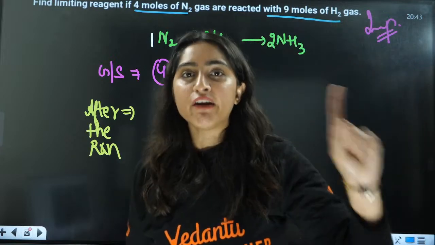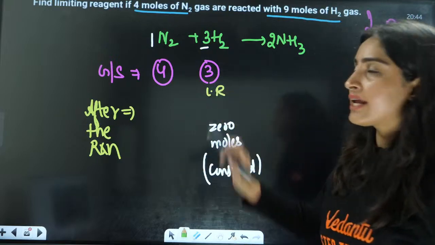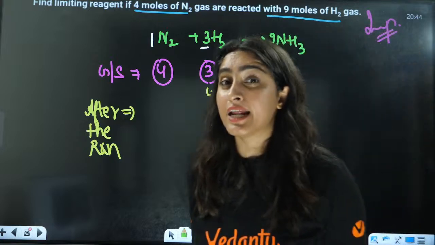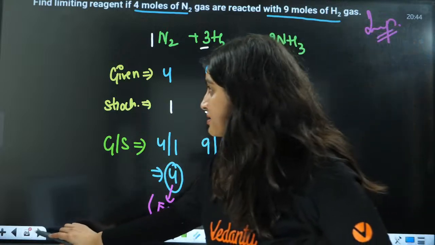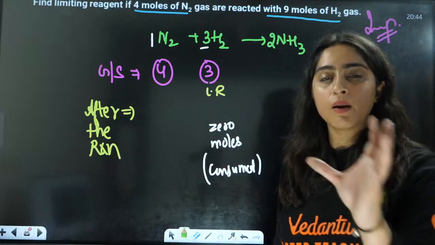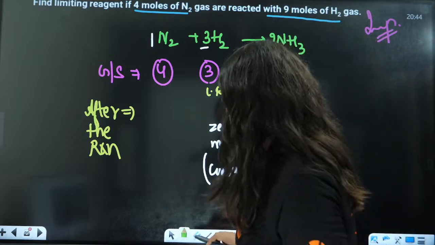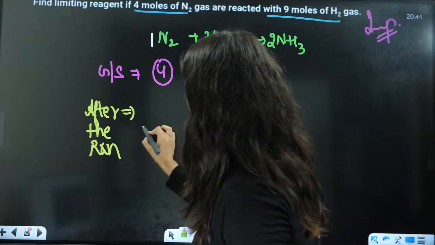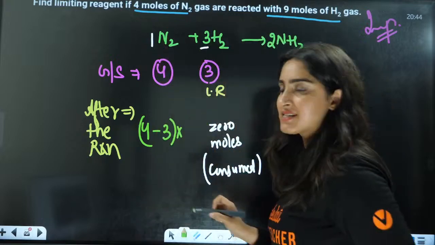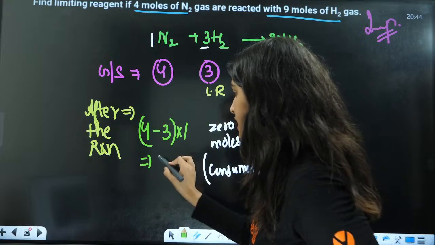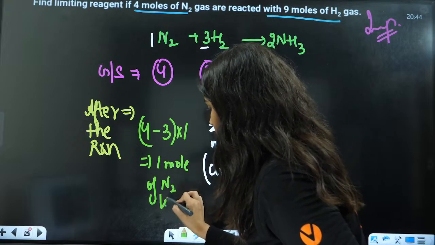The moles that will be left are of the excess reagent and the products, right? For the excess reagent, you have 4, so how many moles are left here? You are given that 4 is the given moles and this is D by S, okay? Either you can apply the unitary method, or you can simply write that after the reaction, larger value minus smaller value multiplied by the moles of excess reagent in the balanced equation, that is 1 mole of N2 left.